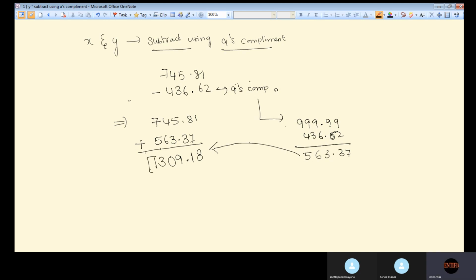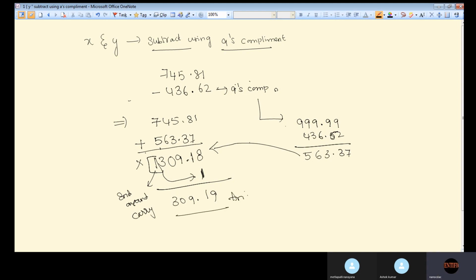So we will ignore the last bit. This is called the end around carry. So ignore this end around carry and bring it here. If you are adding this carry here, what is the result that you will get?